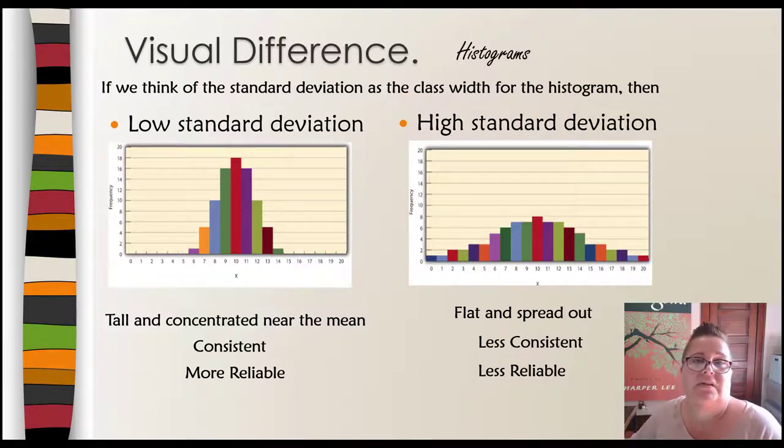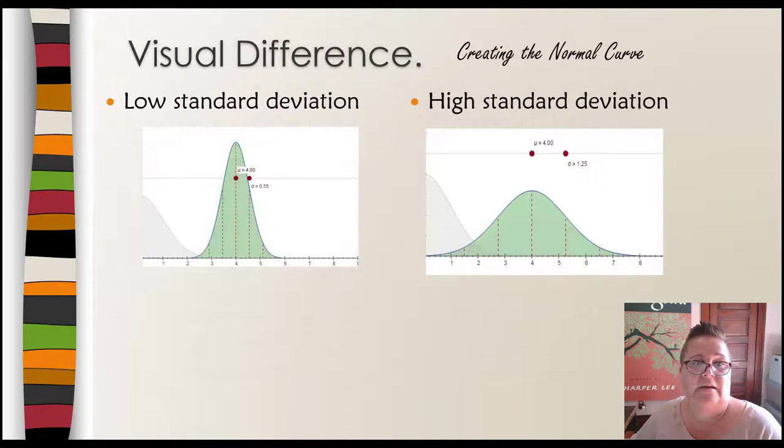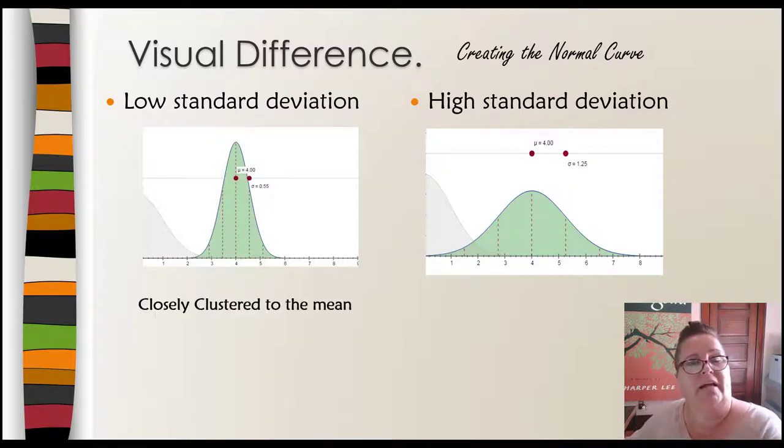We then take those histograms and we convert them into the normal curve. The normal curve is a curve where we sort of connect all the histograms together to give a smooth line view of a histogram.